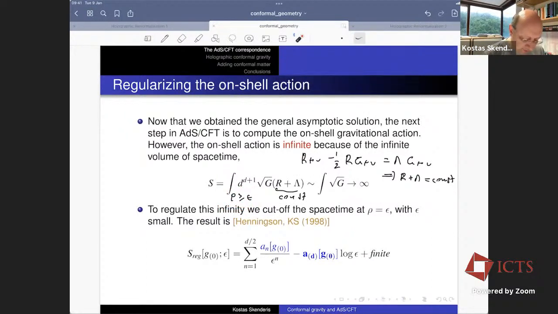And after quite a bit of work, one finds that the form of the answer is given in this bottom line. So it has a number of infinite terms as epsilon goes to zero. It has a log term when d is even.